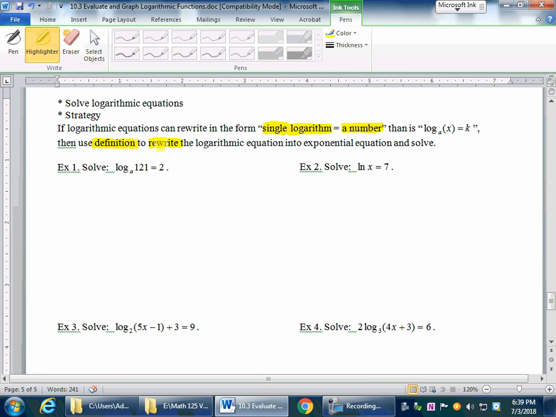So once again, this strategy can be used when there is a single logarithm on one side and a number on the other side.